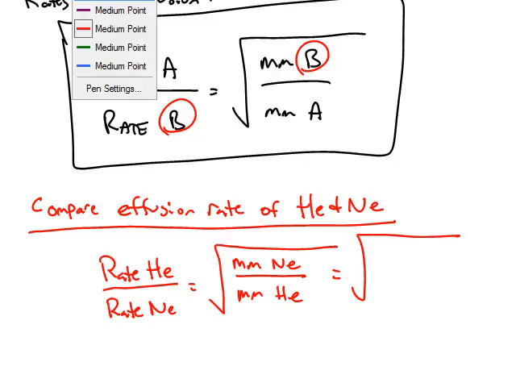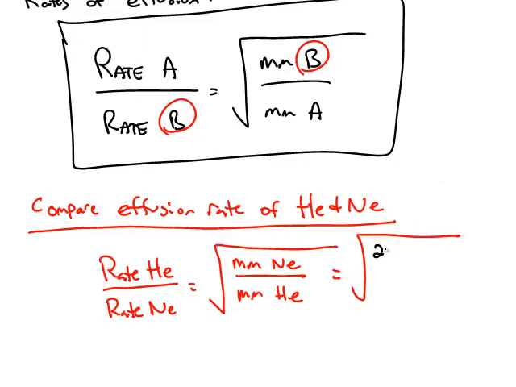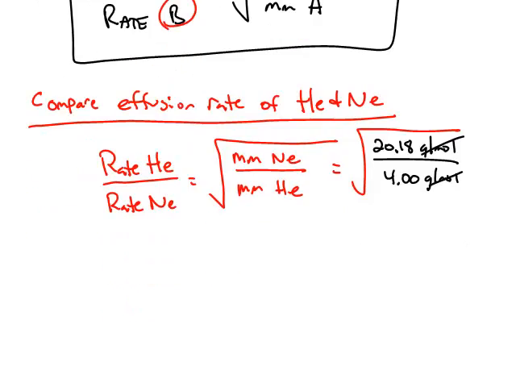From the periodic table, the molar mass of neon is 20.18 grams per mole. Helium, rather, 4 grams per mole. So the grams per mole cancels. 20 divided by 4 is about 5. Take the square root and you get 2.25.